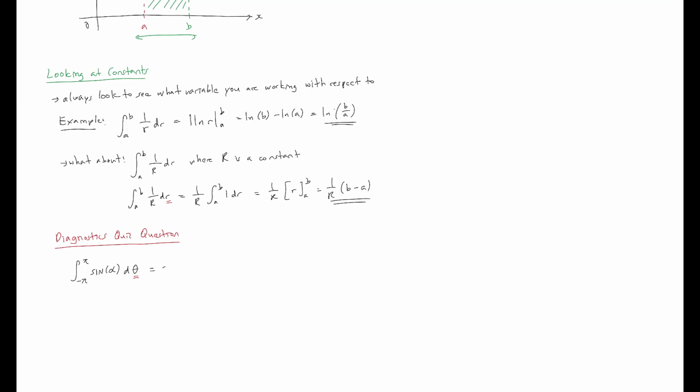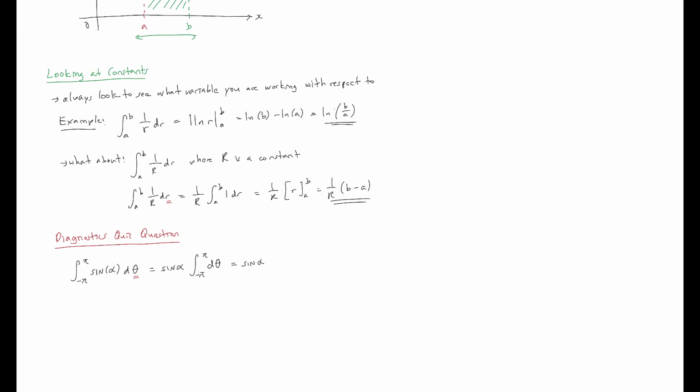So this is equal to sine of alpha times the integral from negative pi to pi of d theta. Anytime you see that, the integral is just going to be the variable itself.